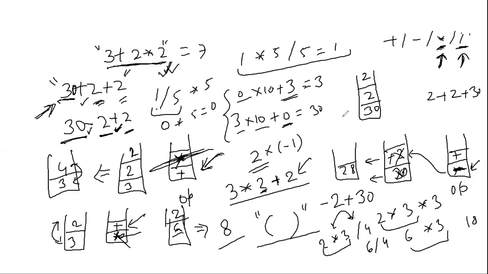So for this value, what does it return? 1 divided by 5 into 5. It should be 1. Or it should be 0 then. So 1 by 5 is 0.